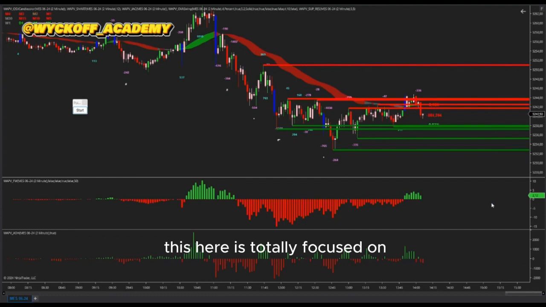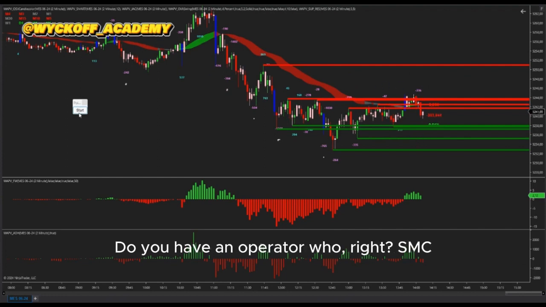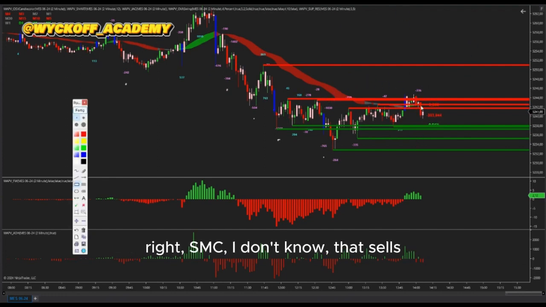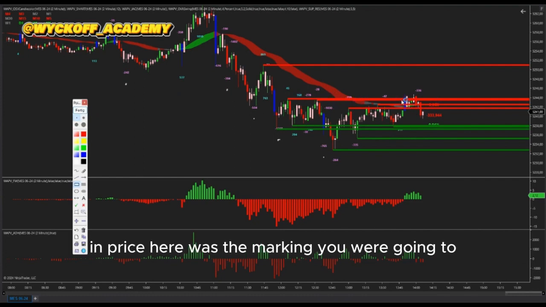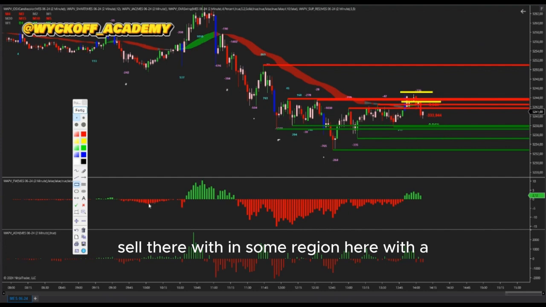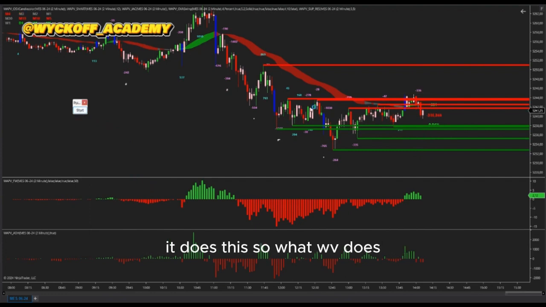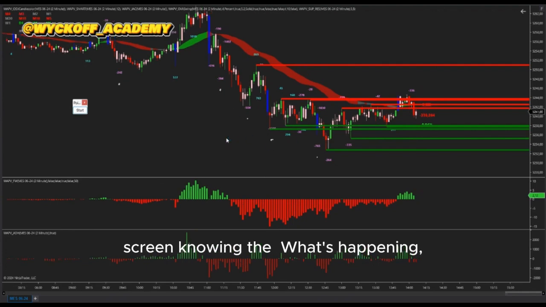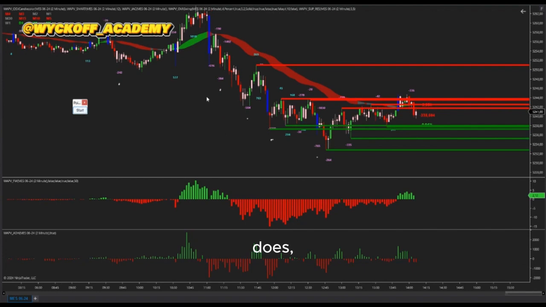This here is totally focused on the relation of price to support and resistance. So it has been showing the maximum. Right, SMC, you were going to sell there within some region here with a target in the background, so visually it does this. You have your screen knowing what's happening. This is what it does.